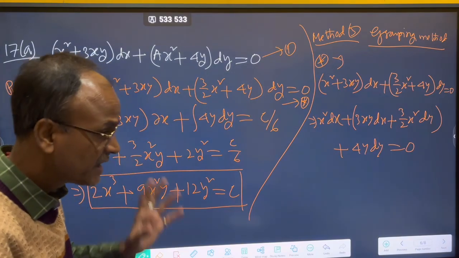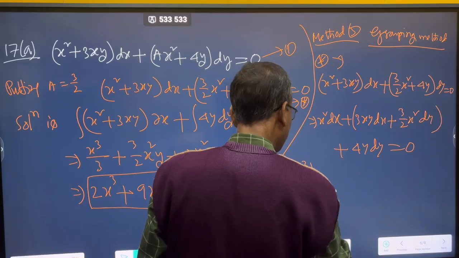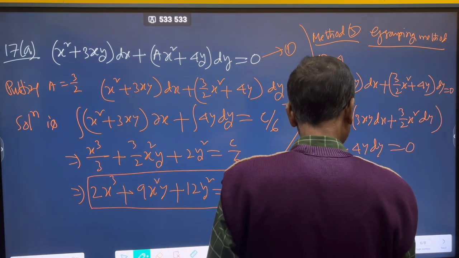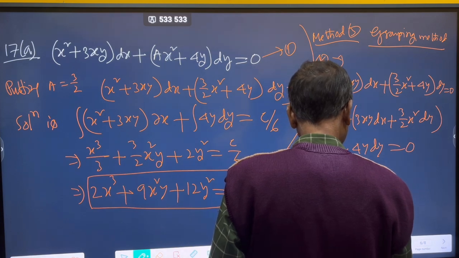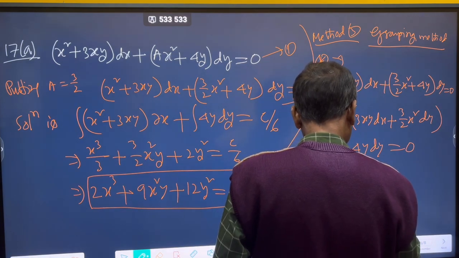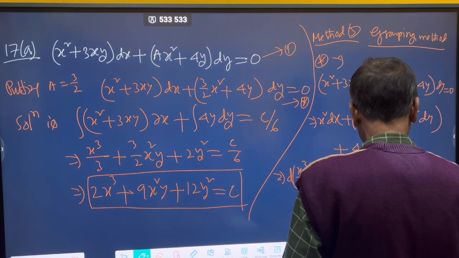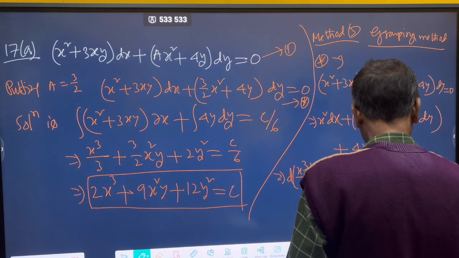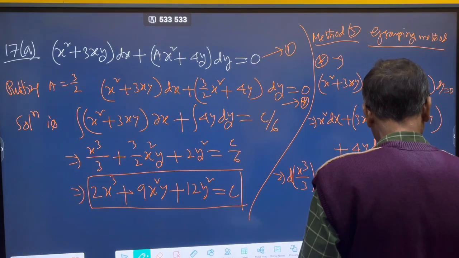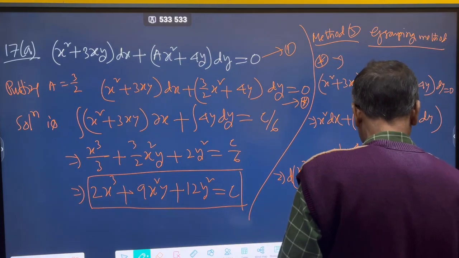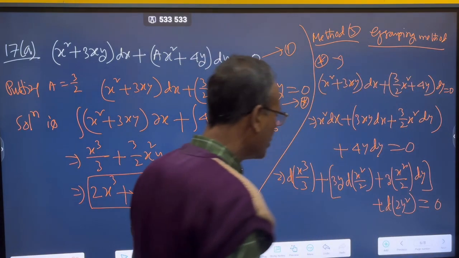Now this means d of x cube by 3 plus thrice y, x dx means d of x square by 2, plus 3 times x square by 2 d of y, plus d of twice y square equal to 0.